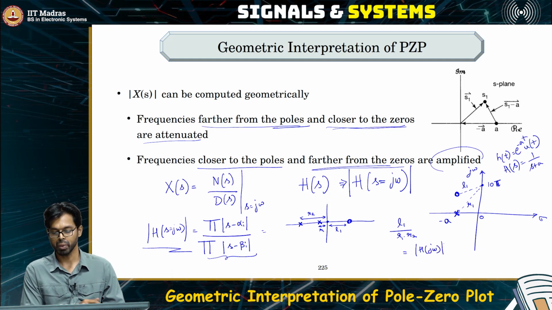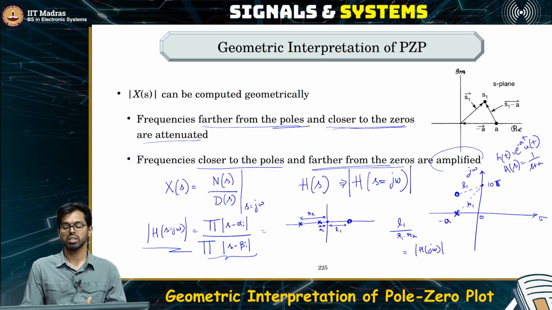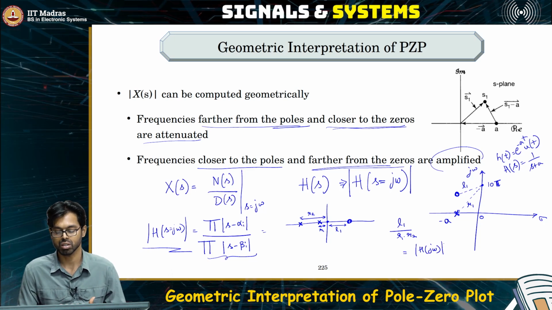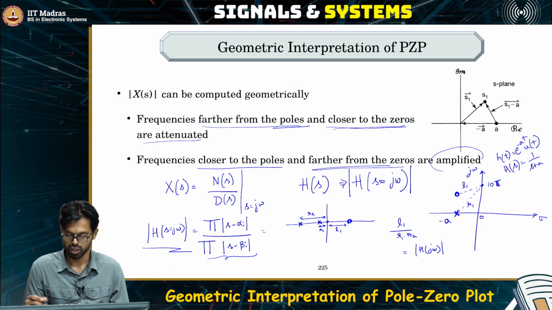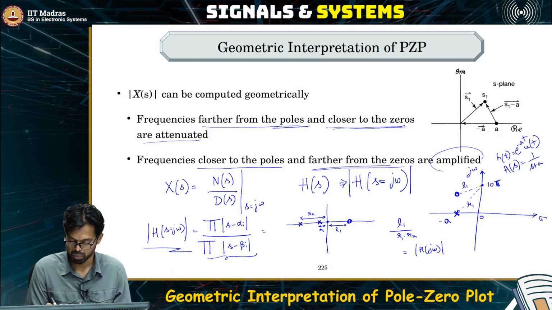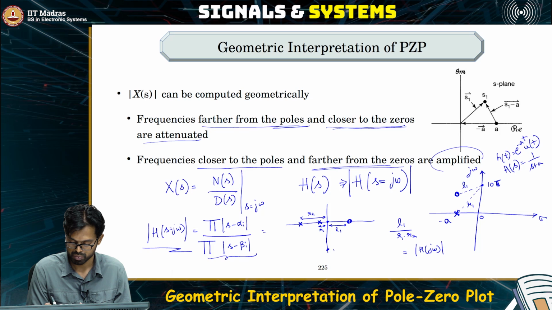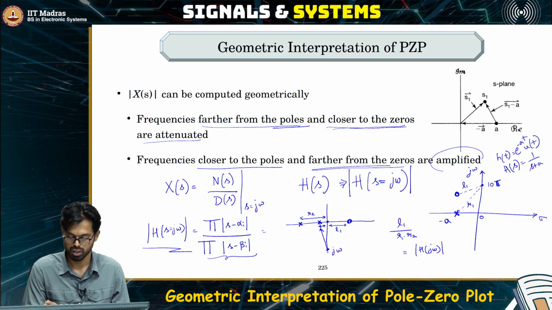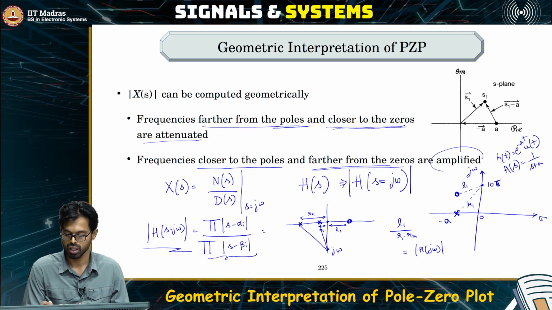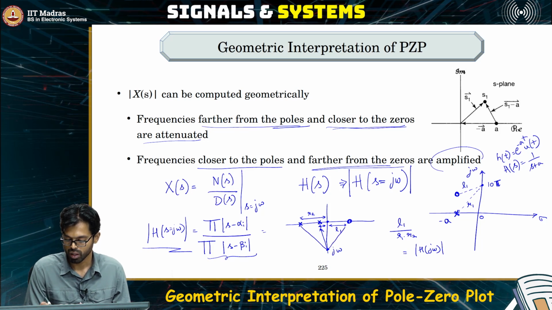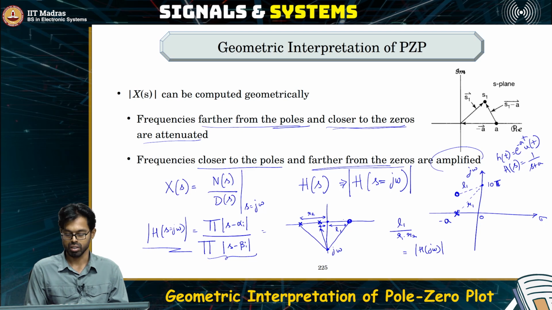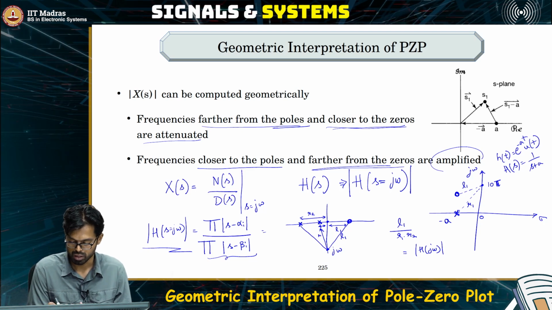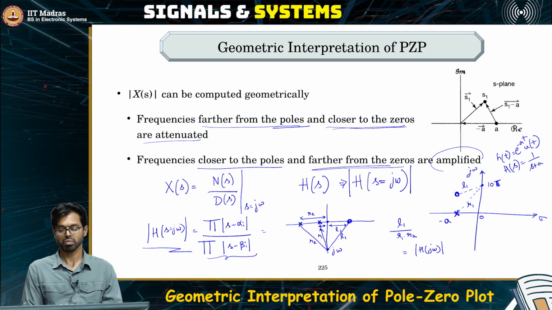Just by geometrically computing this, you can say what would be the frequency response of this particular system. So if you want to know what happens at this particular frequency, you compute this distance, multiply it with this distance, and take a ratio with this distance. So this will be L1, this is R1, this is R2.